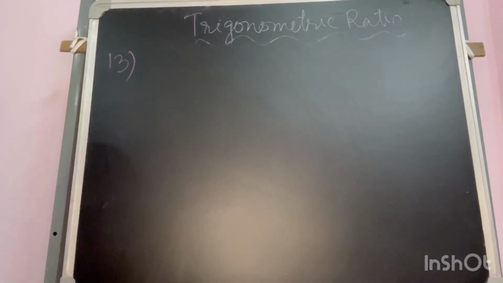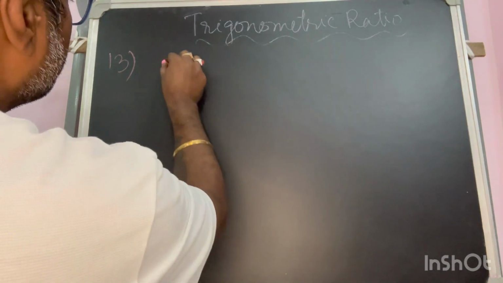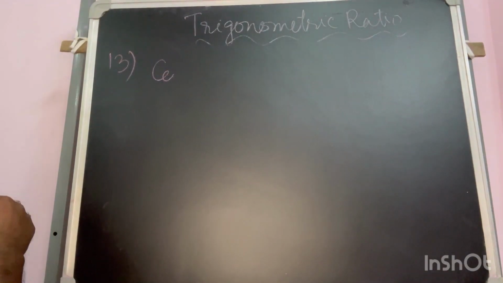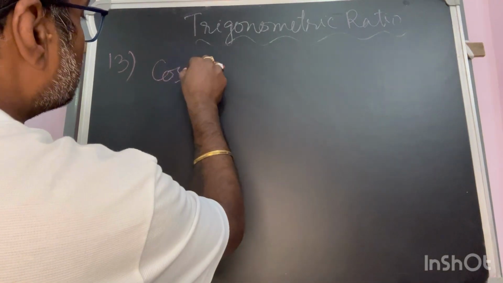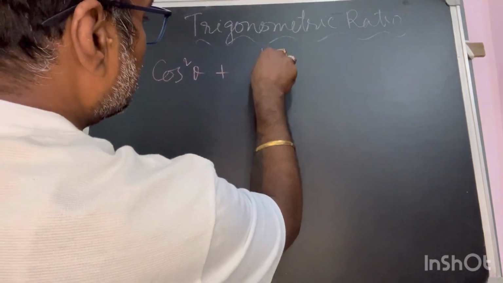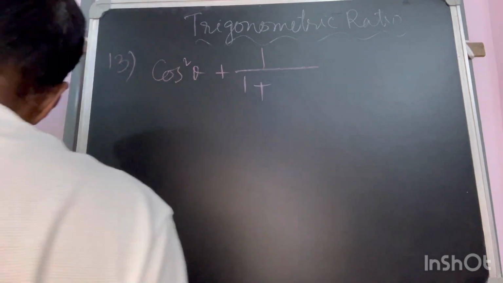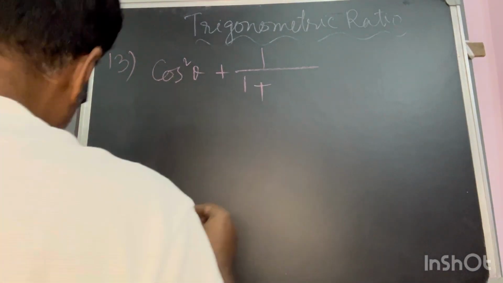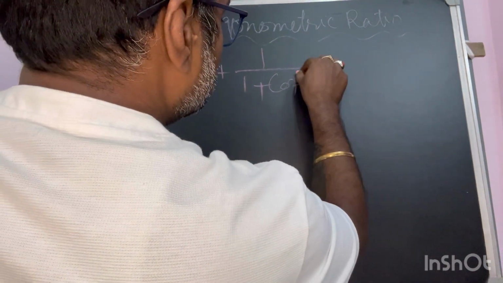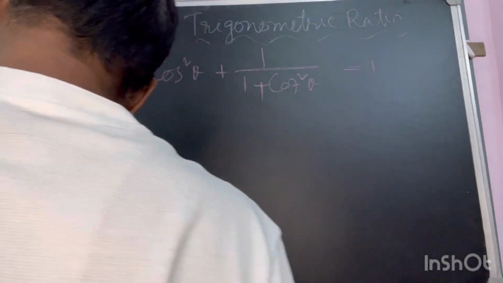13. Cos square theta plus 1 by 1 plus cot square theta is equal to 1.